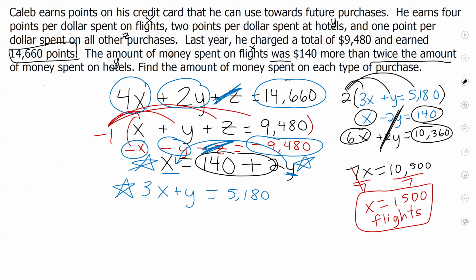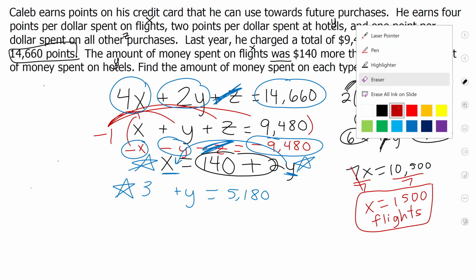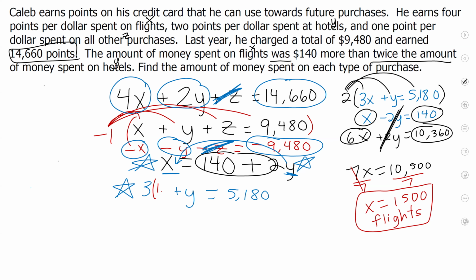So I'll put instead of an X right here, what do I put? 1,500, so I'll just use this one. What's 1,500 times 3? And what do we do to both sides? Yep, we will subtract. So subtract 4,500.